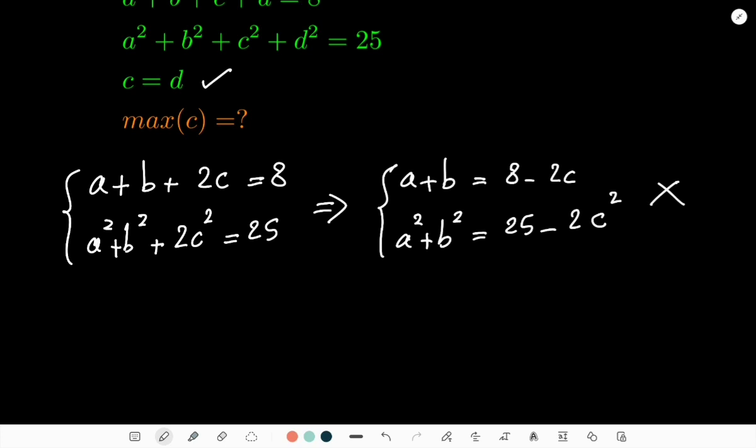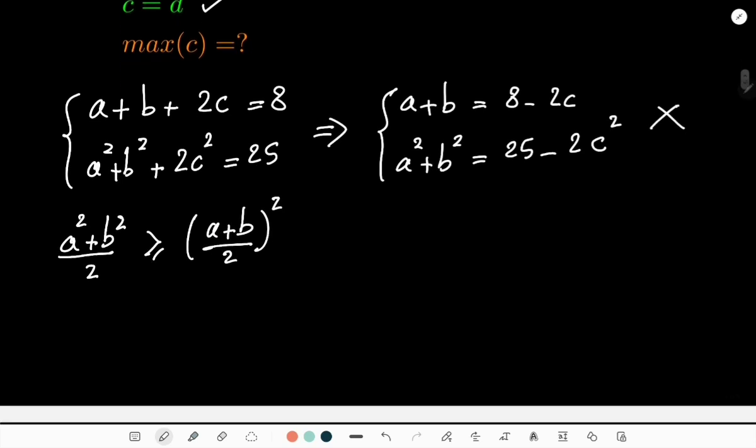Well, yes, we have. The inequality is as the following, that a squared plus b squared over 2 is always greater than or equal to a plus b over 2 to the power of 2.